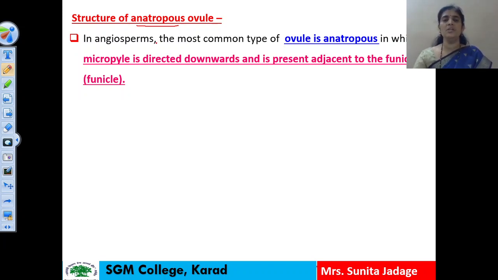What is meant by an anatropous ovule? It is the ovule whose opening, known as the micropyle, is directed downwards and is present adjacent to the funiculus or funicle. Such a type of ovule is called an anatropous ovule.